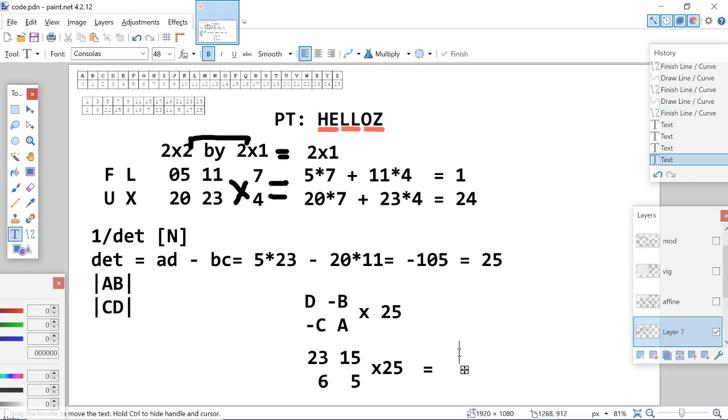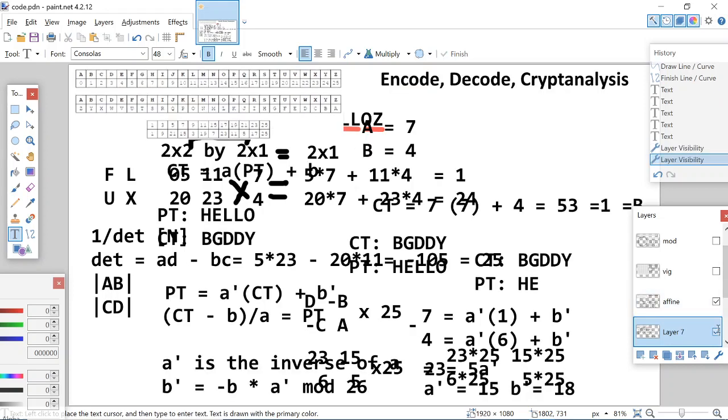And then, obviously, you need to take the mod of that afterwards, so 23 times 25, 15 times 25, 6 times 25, 5 times 25. After you take the mod of that, you will get your final answer. Oh yeah, speaking of 25, let me go back to the affine for a second.